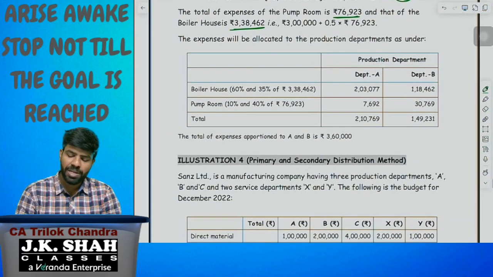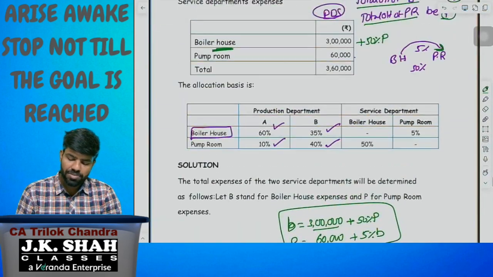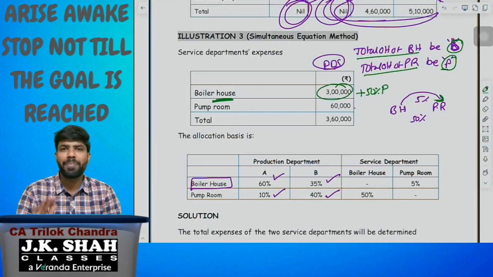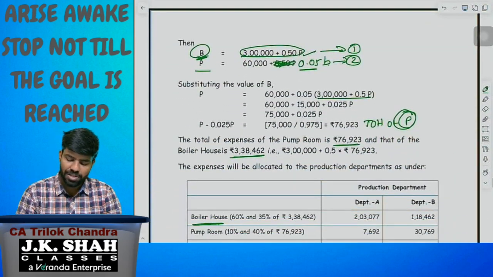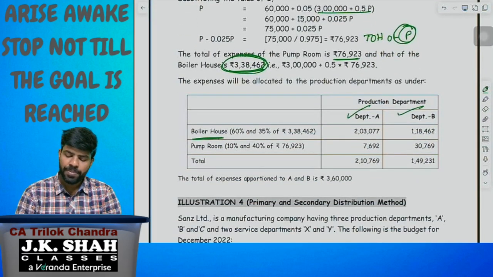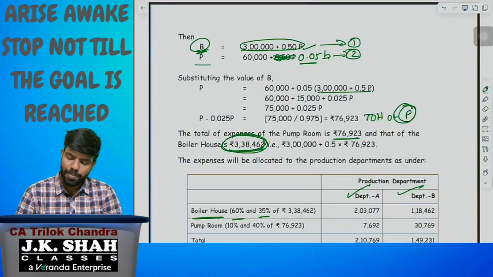Now listen to me carefully. When we are apportioning the boiler house cost, what is given in the question is 3 lakh rupees, but 3 lakh rupees is not the cost. The boiler house cost is 3,38,462. This will be apportioned to A and B in the proportion of 60:35. When it comes to pump room, total overheads is 76,923.